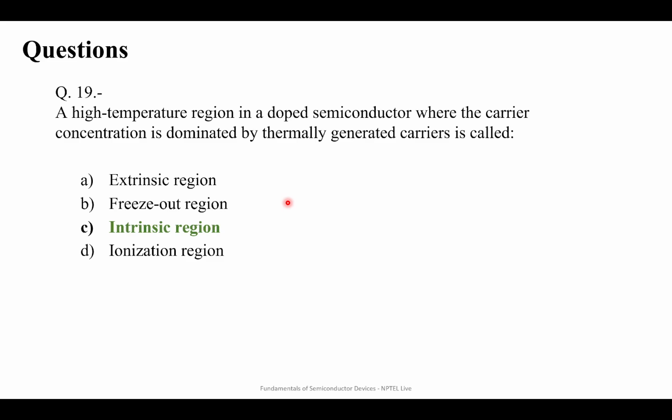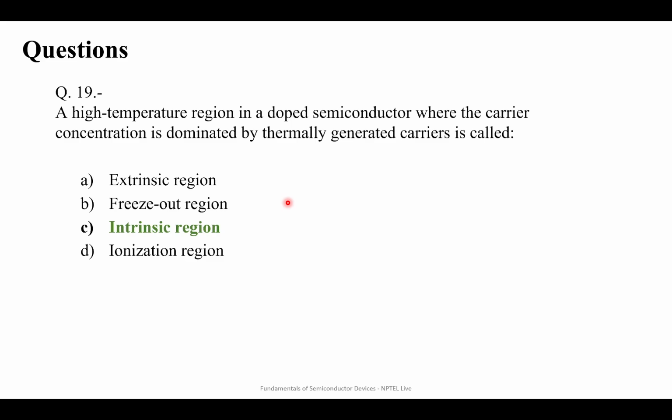If we go to very high temperatures, all the electrons in the valence band get excited to the conduction band, and all the carriers are now intrinsic carriers.